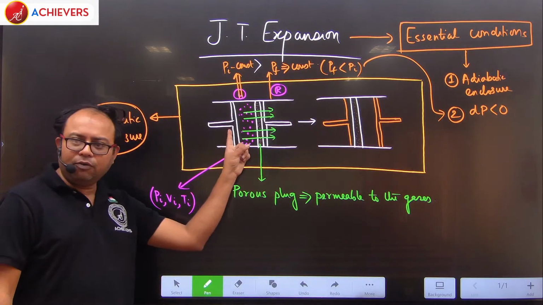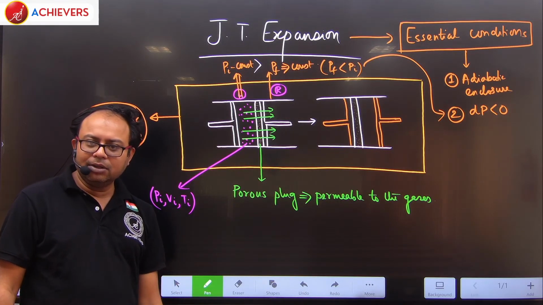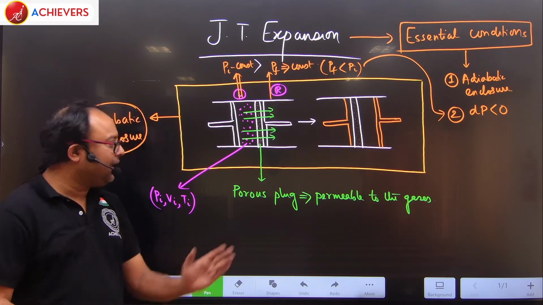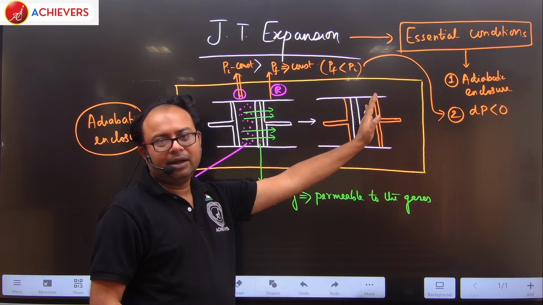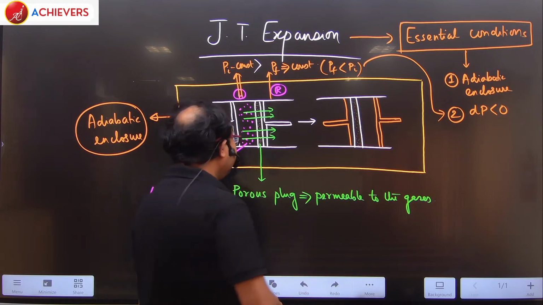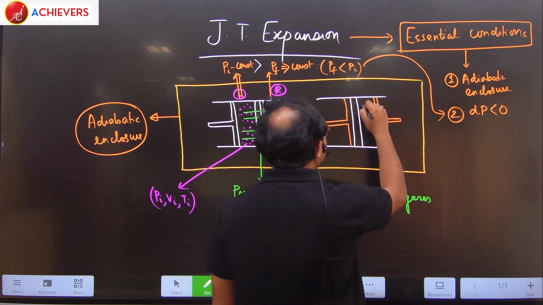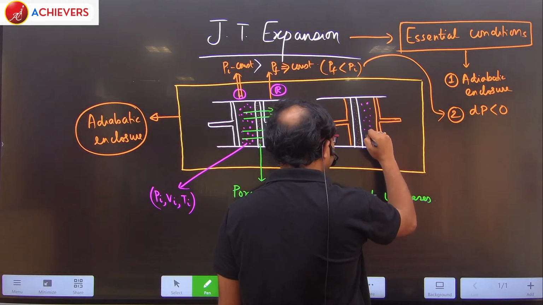The gas has flown from the left hand compartment entirely to the right hand compartment. So now the gas molecules will get entrapped in the right hand compartment, and thereby the right hand piston will move away from the porous plug, and you'll see the gas molecules over here.